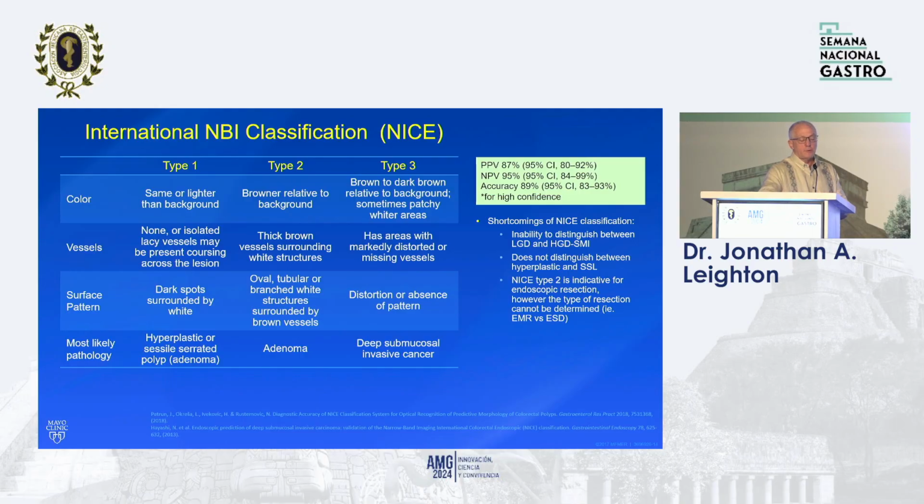And then the type 3 is areas where it's distorted and suggests deeply invasive cancer. But the shortcoming, and you can see that the negative predictive value on the right is 95%, but the shortcomings are the inability to distinguish low-grade dysplasia from high-grade dysplasia with submucosal invasion, and it doesn't distinguish between hyperplastic and sessile serrated.